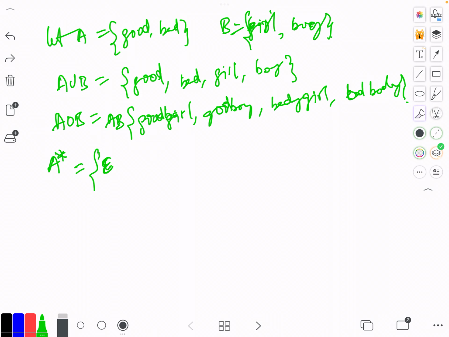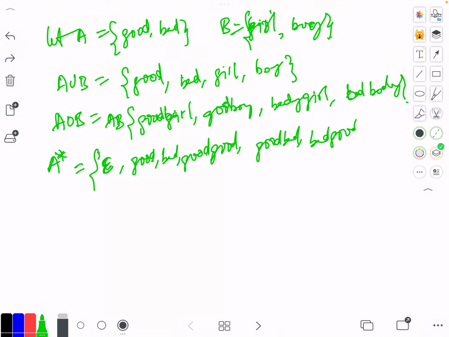Fine. So you'll get different kinds of combinations: good, bad, good good, good bad, bad bad, and it keeps going on.